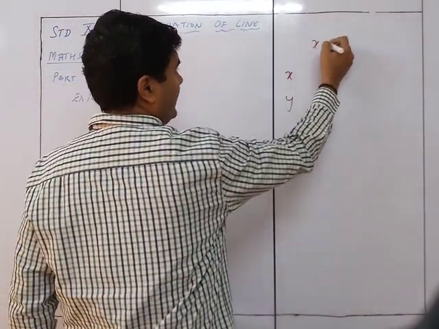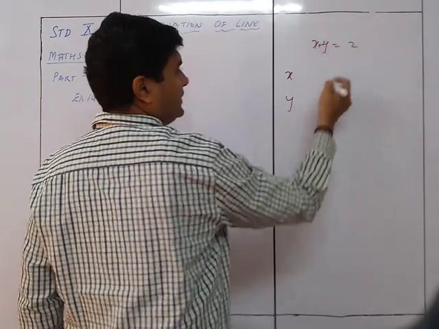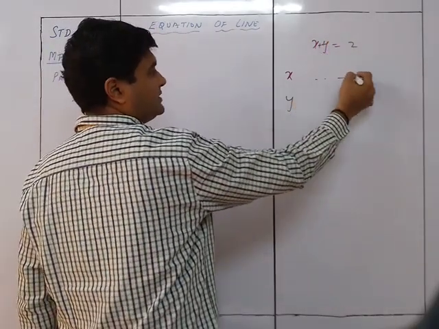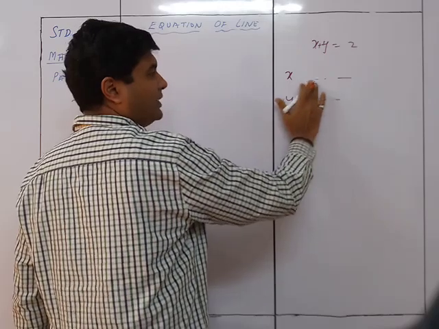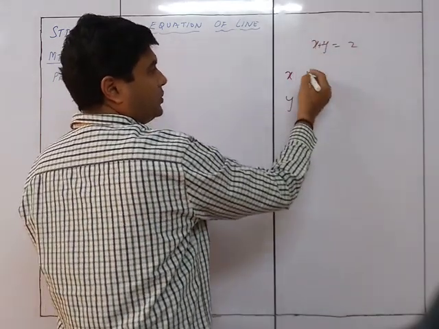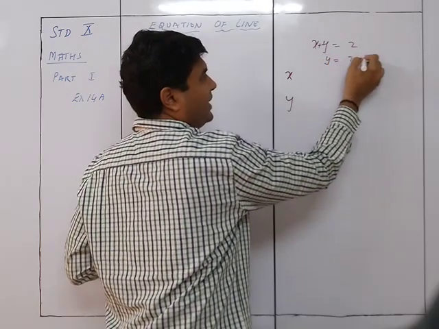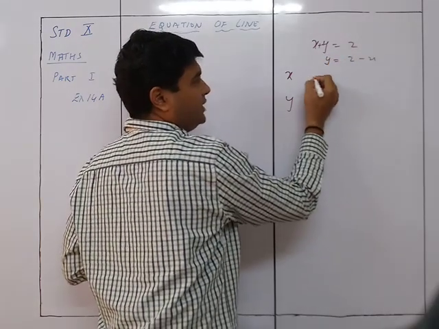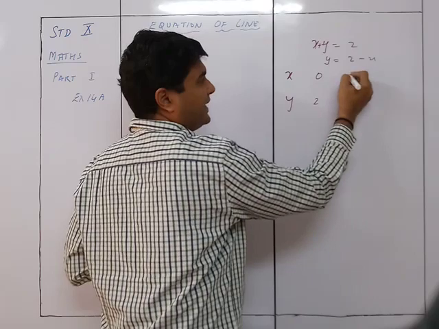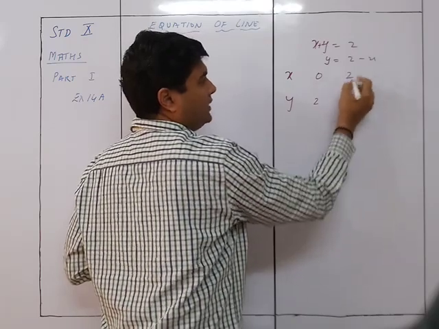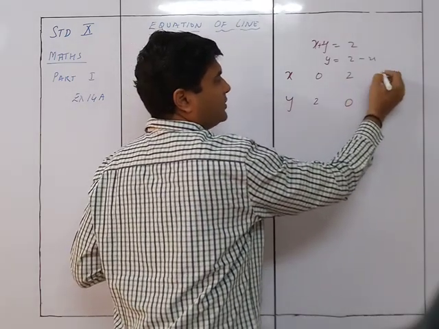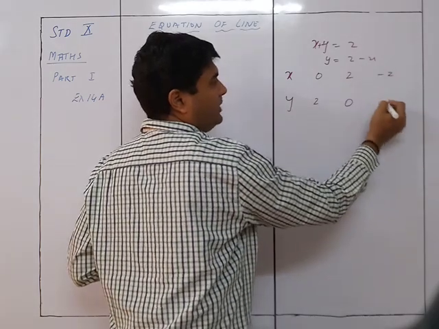Suppose x plus y is equal to 2. Then you took some value of x and calculated y. Here we get y is equal to 2 minus x. So suppose I take x as 0, then y will be equal to 2. If I take x as 2, then y will be 0. If I take x as minus 2, then y will be equal to 4.